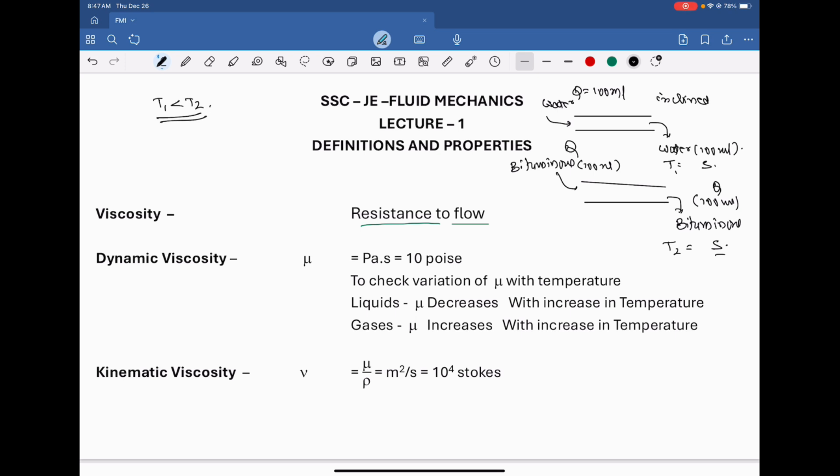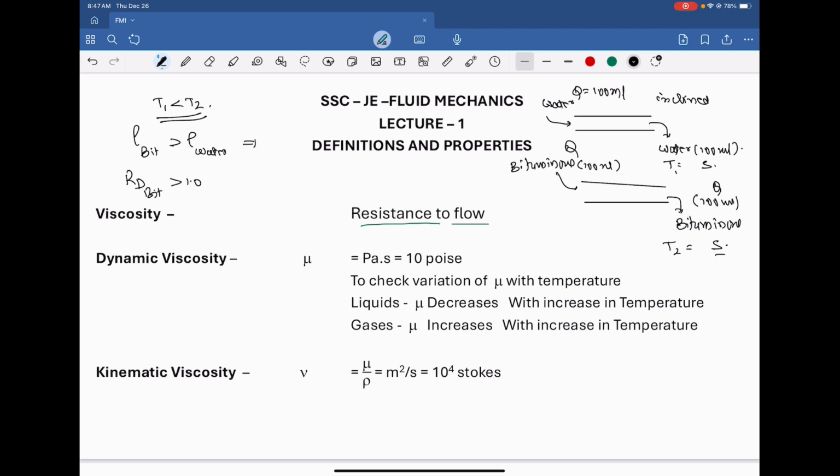The density of bituminous is greater than the density of water. Relative density of bituminous will be greater than unity, 1. Why is it taking more time?